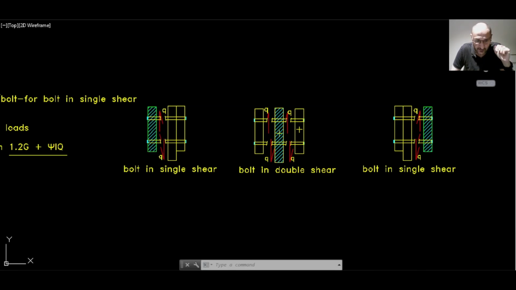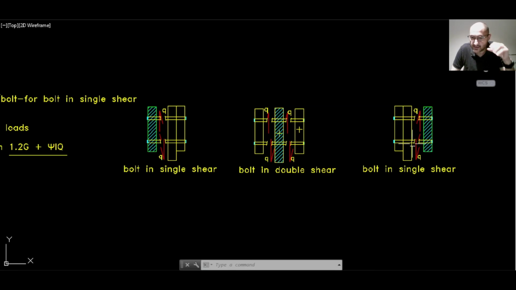It will be a single shear capacity. If we decide to take the middle part alone, then we separate both members away from the middle part, and in this case it will be double shear. Okay, so the bolt will shear in 2 locations, and the capacity of that fixing will be double.